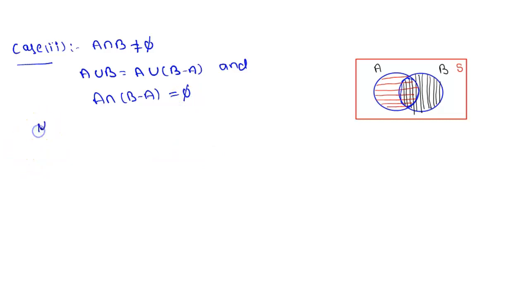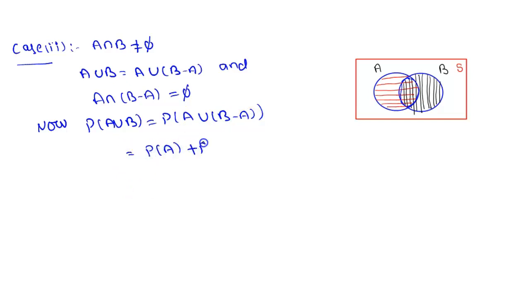So here I am applying the probability function. P of A union B can be written as P of A union (B minus A). So this is equal to P of A plus P of B minus A, minus P of A intersection (B minus A).